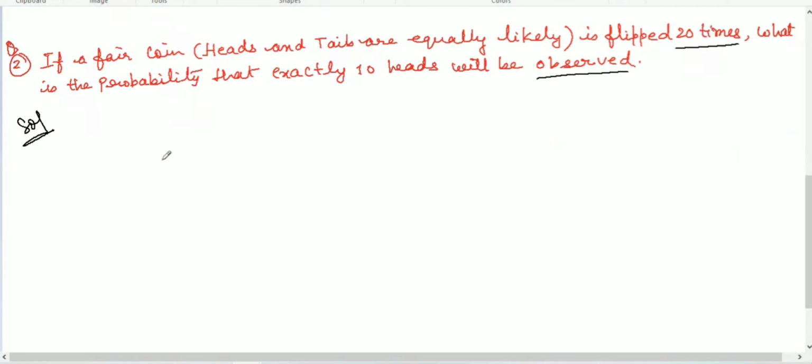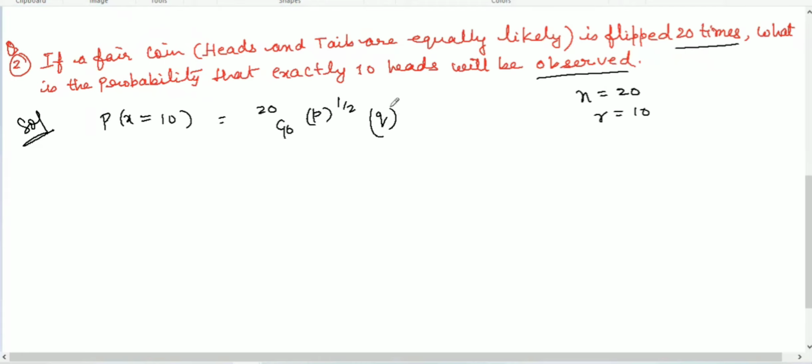So this is an easy question. You have to find P of x equal to, you want exactly 10 heads. So n is here 20 and r is here 10. Write down the formula. 20C10, and probability of success is also half because it is a coin, and probability of failure is also half here.